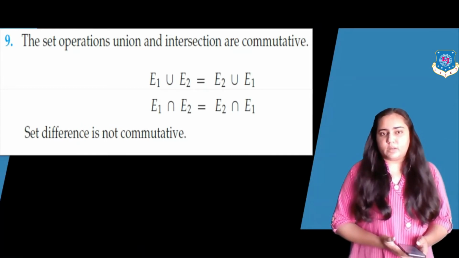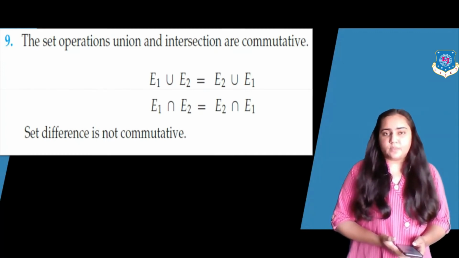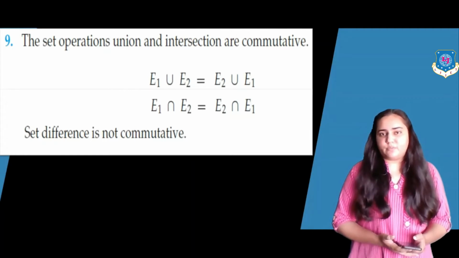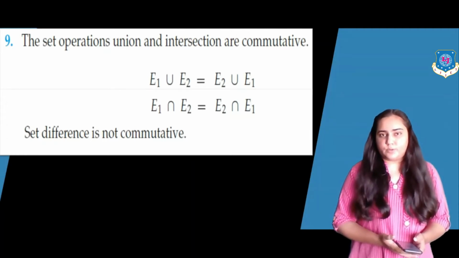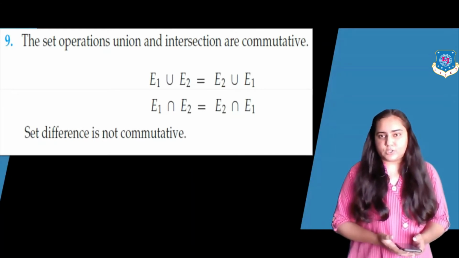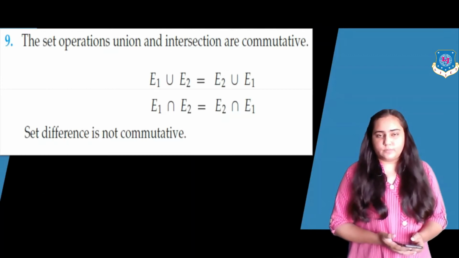But note that set difference is not commutative. Even in any type of mathematics you study, subtraction is never commutative. So only union and intersection are commutative, but set difference is not commutative.